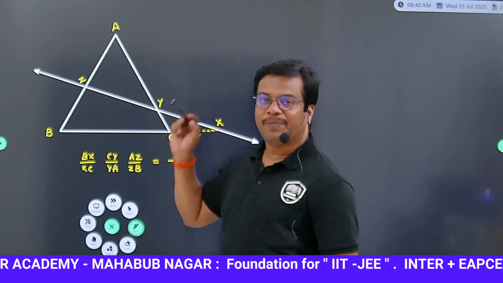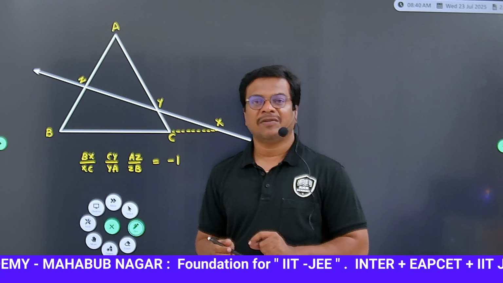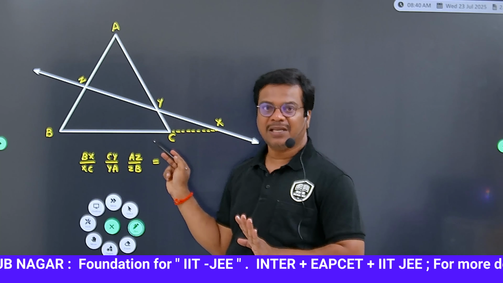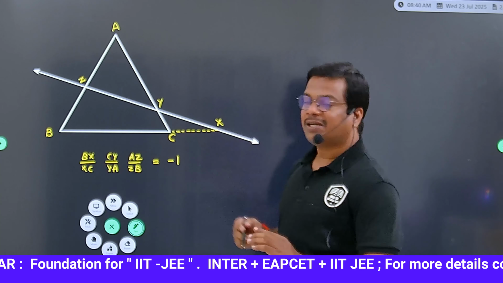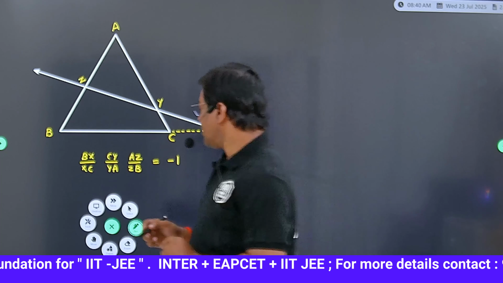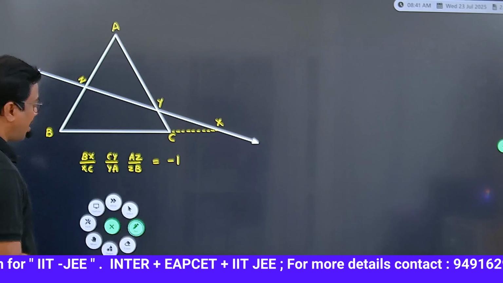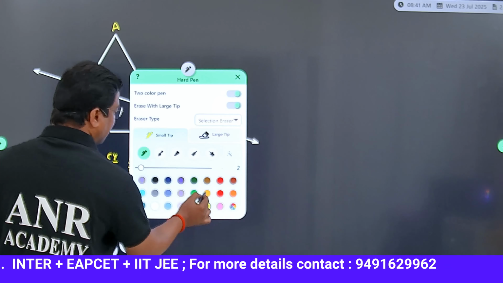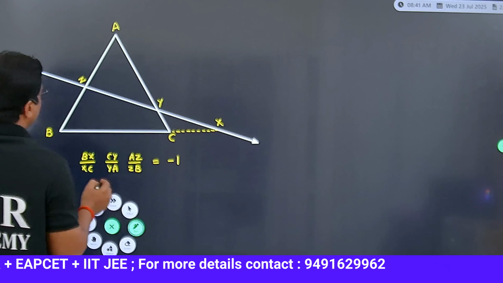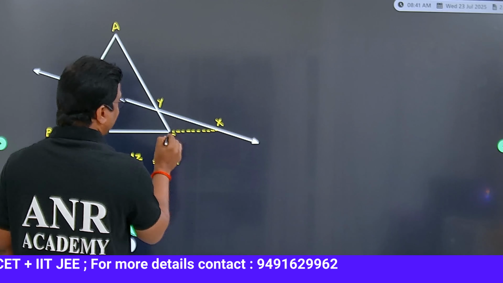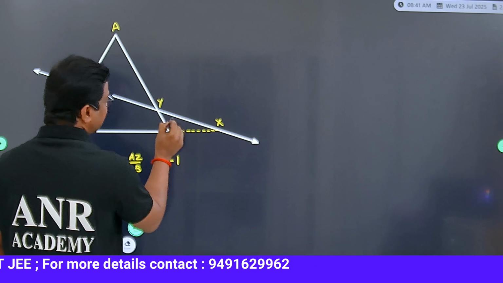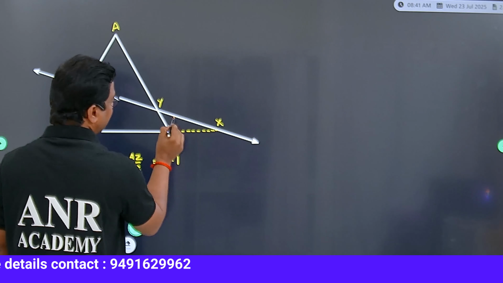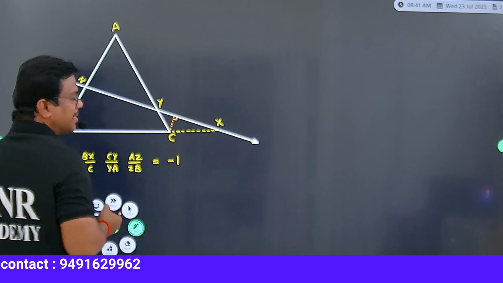Let us drop perpendiculars from the three vertices capital A, capital B and capital C with respect to the transversal line. What I am saying, you have to drop perpendiculars from vertices to transversal. See here, from vertex C to the transversal, I am going to drop a perpendicular here. It is of 90 degrees.